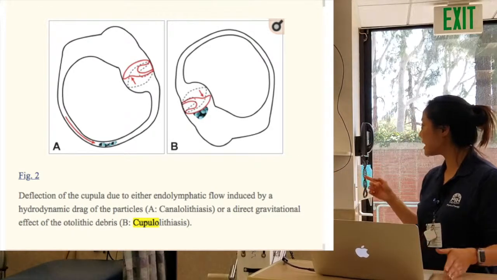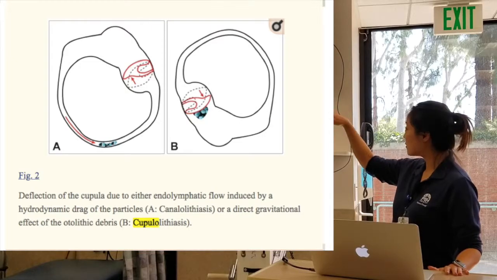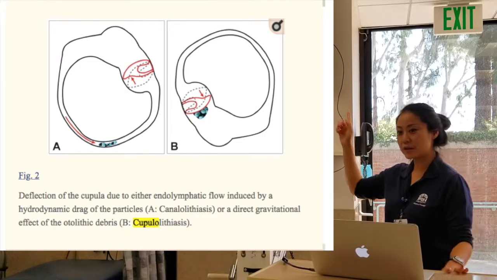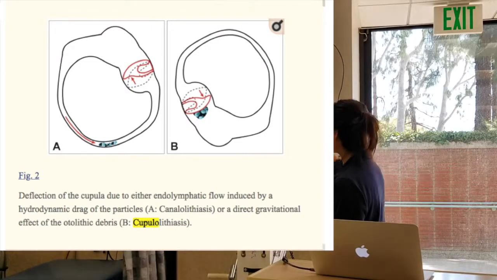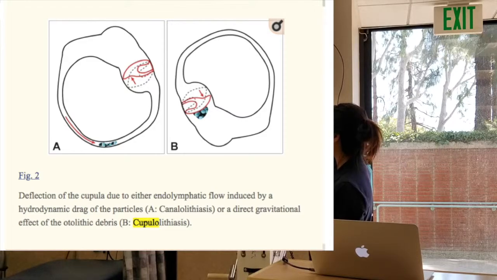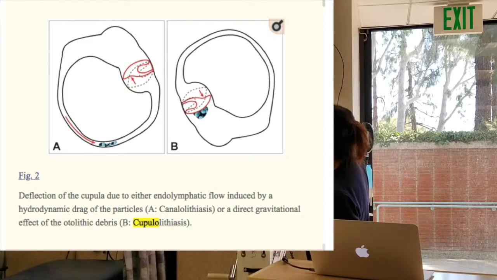So here's just an example of the free floating versus the cupula, so that you understand what's happening. Picture A is the free floating. You see with the position change, the gravity is pulling the debris down, and then the inertia is moving that endolymph, and it's deflecting the cupula towards the ampulla, and that's what's causing the nystagmus.